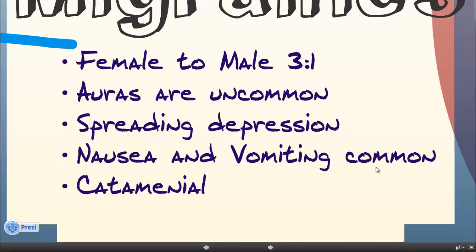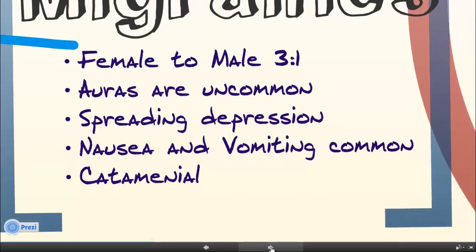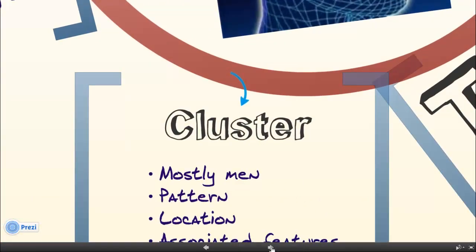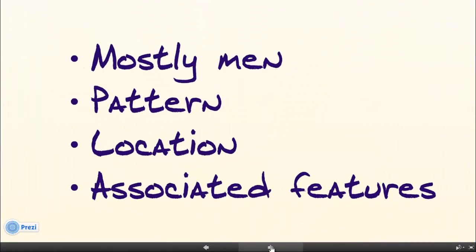Again, nausea and vomiting are very common, and there is a certain headache type which happens only at a particular time in the menstrual cycle, which are menstrual headaches or catamenial headaches, and we'll talk about that a little bit more with treatments.